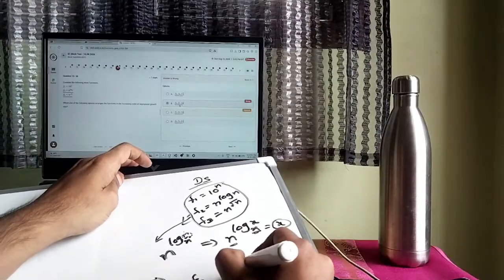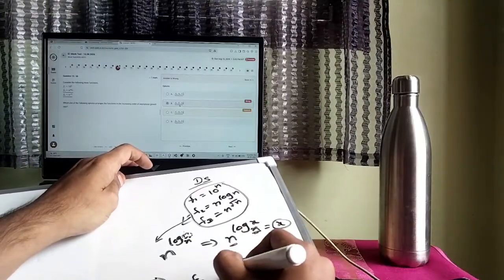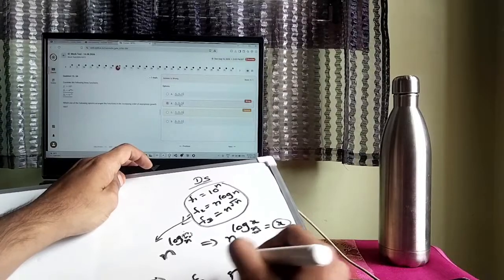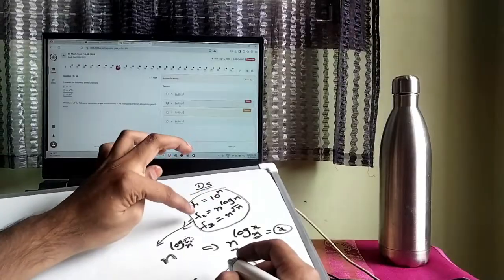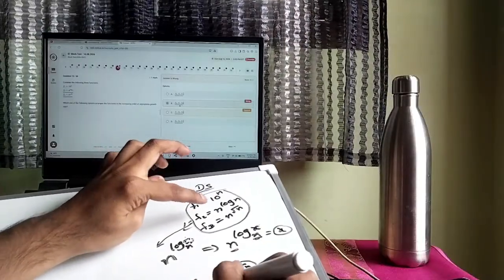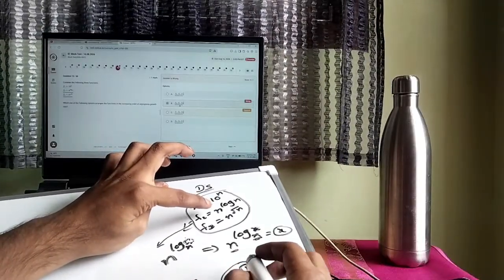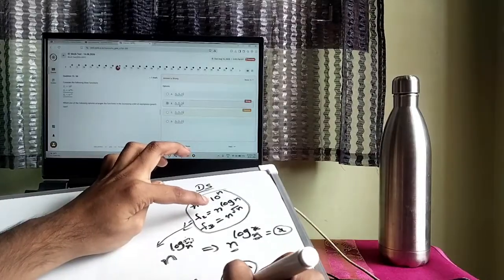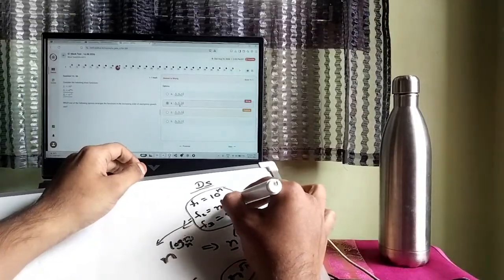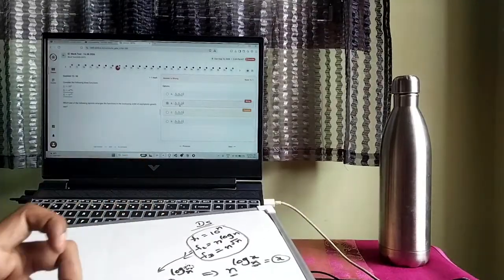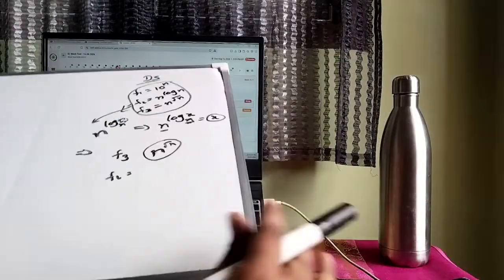Because it is exponential, n to the power, and it's always the largest. Okay, I'm getting a phone call, let me answer it.